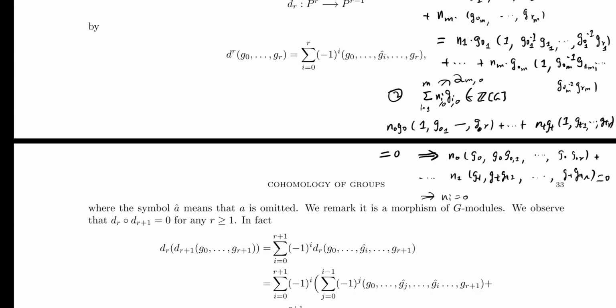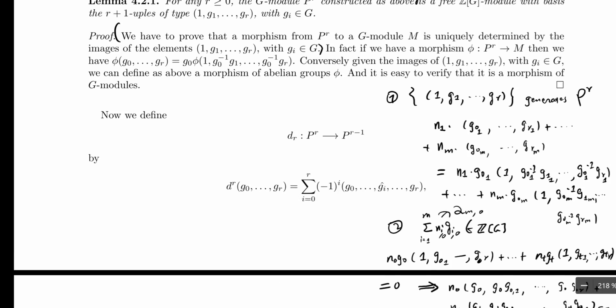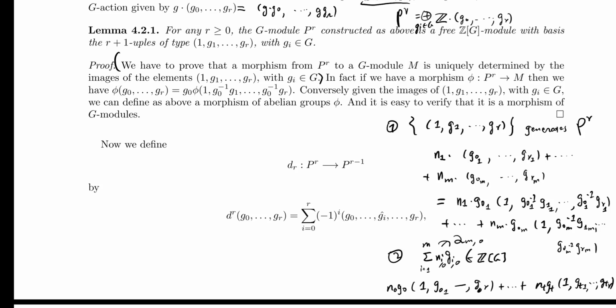And in the group algebra, a general term like this, if the coefficient is 0, it means this term is 0. Actually, we define it to be the sum with finitely many non-zero coefficients in Z. It's a general term of the group ring. So this is the easy case. For the general case, you do it similarly.